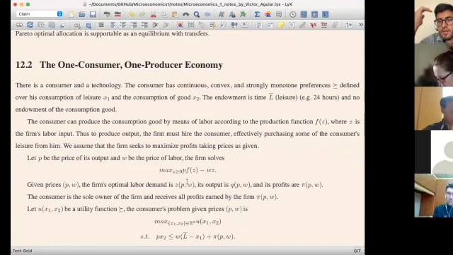Okay. Now, one thing that I want to move on to is the second part of this toolset of economies, called the one consumer, one producer economy. This model is actually popular in macro. Usually people call it the Robinson Crusoe model, right? With this tale, you know, that Robinson Crusoe goes to an island, right? And then he's alone.